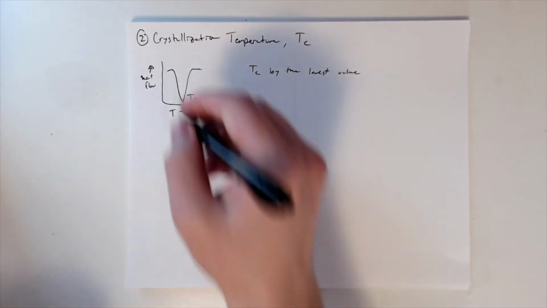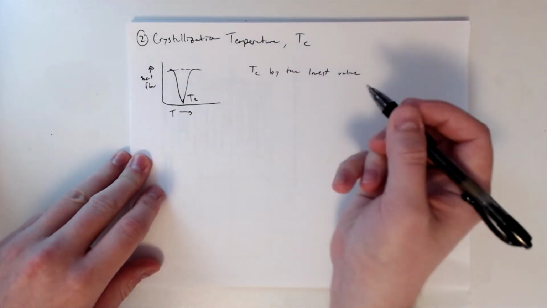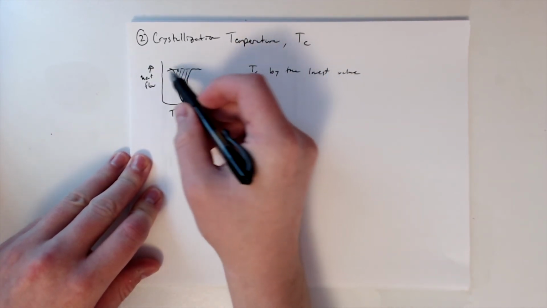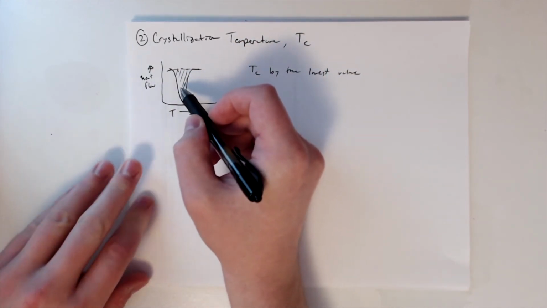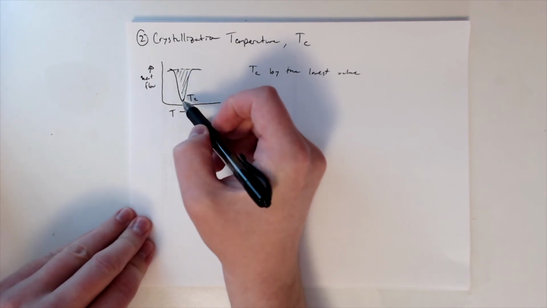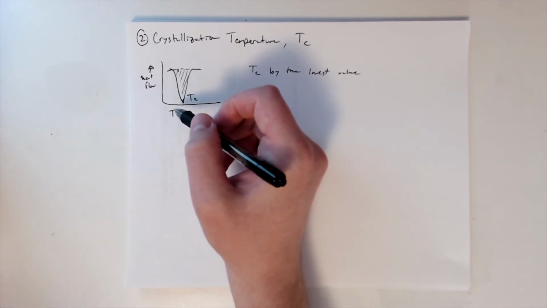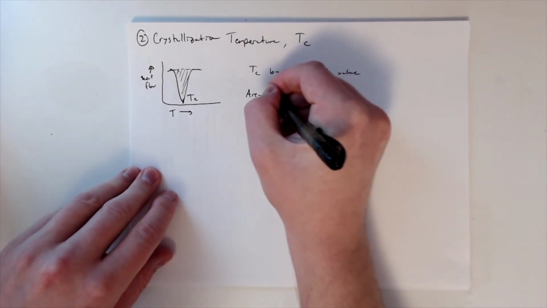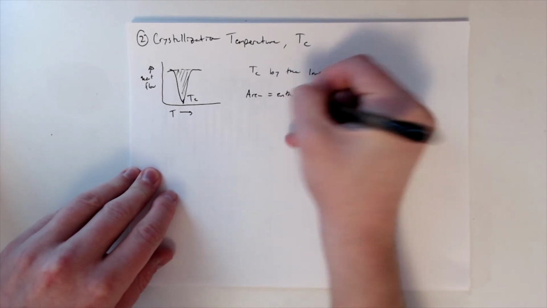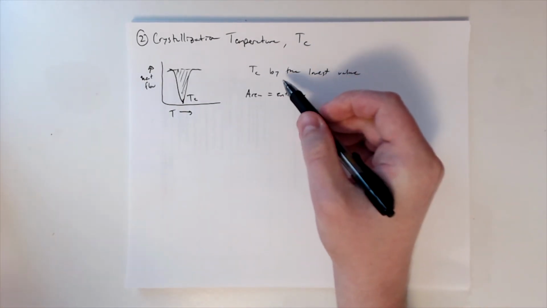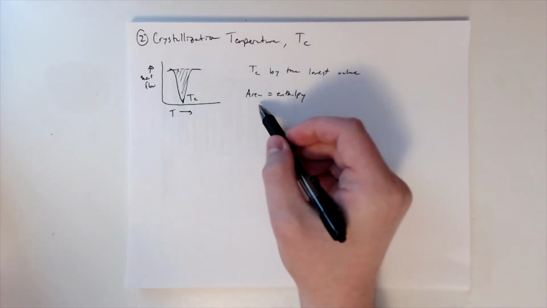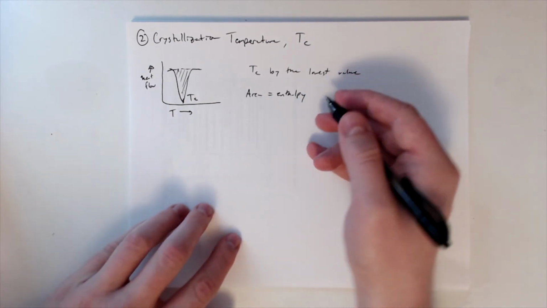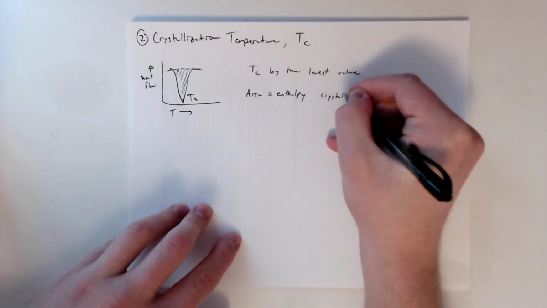Also though, if you think about the area between the peak and the background, what we normally call area under the curve, but this is an upside down peak, this area also gives us information about the enthalpy. So basically, the location of that crystallization event can be determined by the peak, but the area can determine the enthalpy of that event, crystallization in this case.